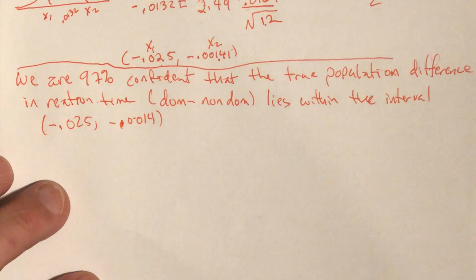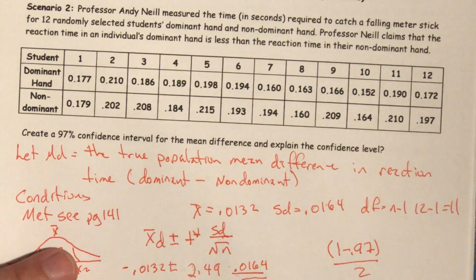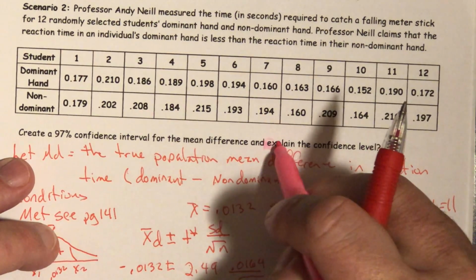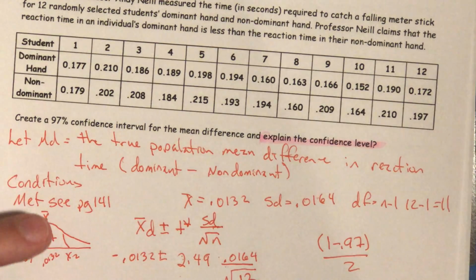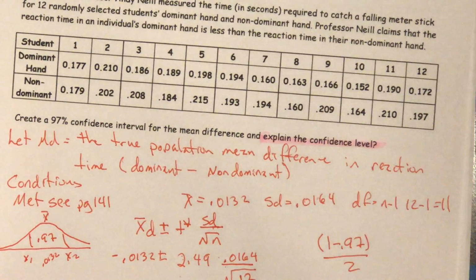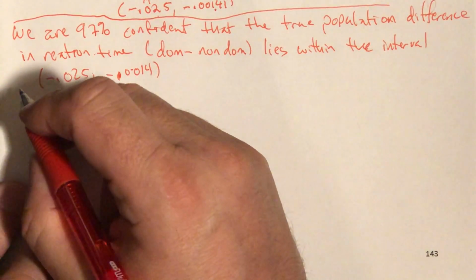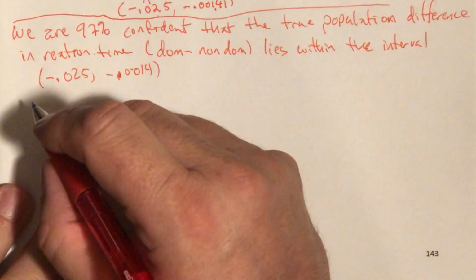Now, they also said to explain the confidence level. Our confidence level in this case was 97%.